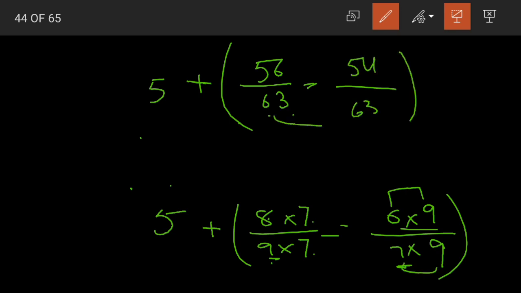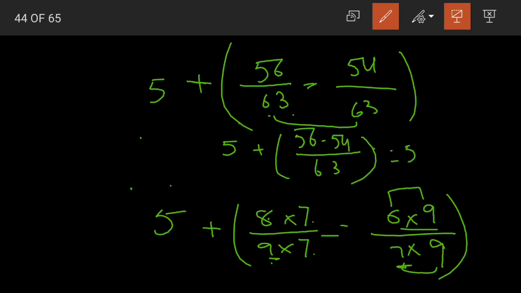Now we have two like fractions with the same denominators. We can go for subtracting them. We will subtract the numerators and keep the denominator as it is. 56 minus 54 is 2. So 2 divided by 63.